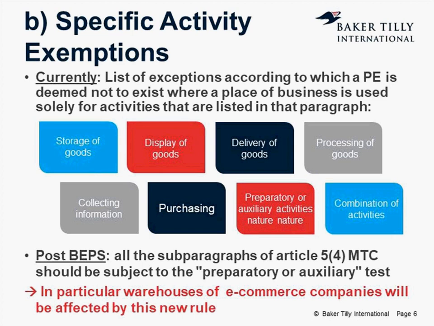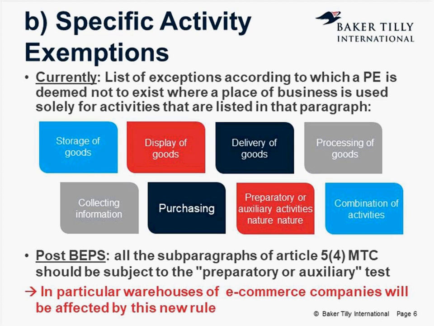Next point on our list is the specific activity exemptions. Another well-known area from the existing double tax treaty. As you all are aware, currently most of the double tax treaties contain exceptions according to which a PE is deemed not to exist, where a place of business is used solely for specific activities.